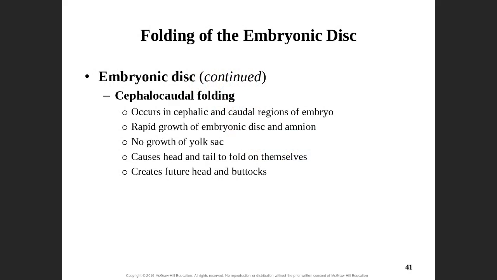You have to understand something. We're going to see some rapid growth in our embryonic disc, which is those 3 cell layers we were talking about, and also in the amnion. But guess what? There's no growth in the yolk sac. This is where we start to see the future formation of our head and our rear ends.